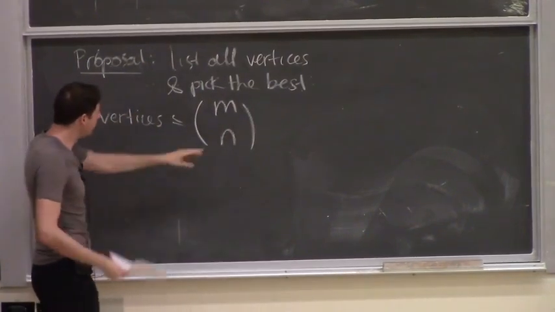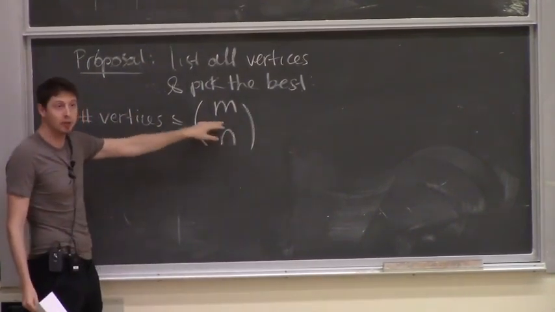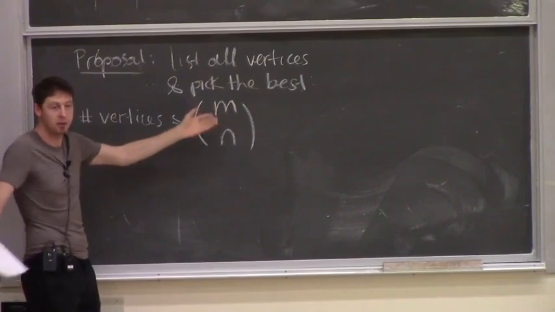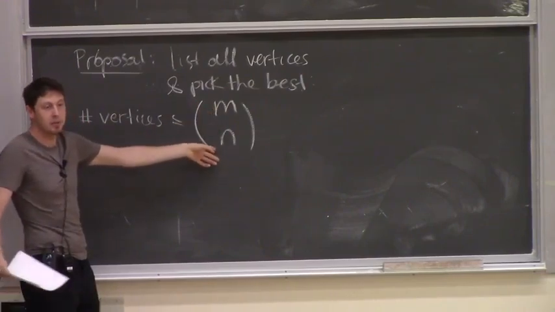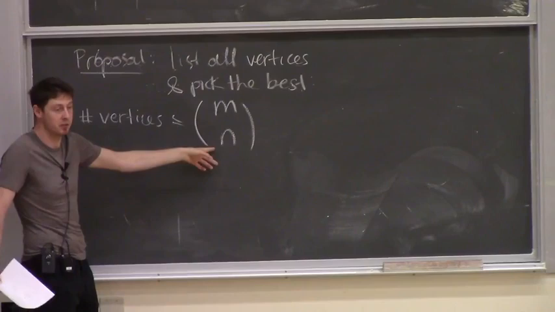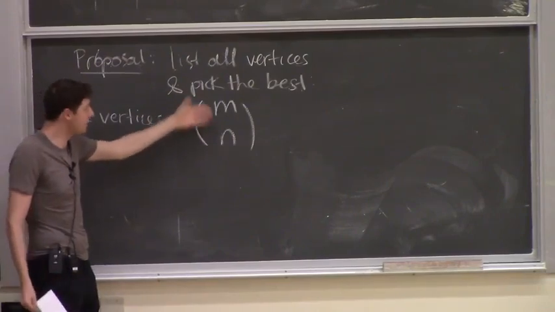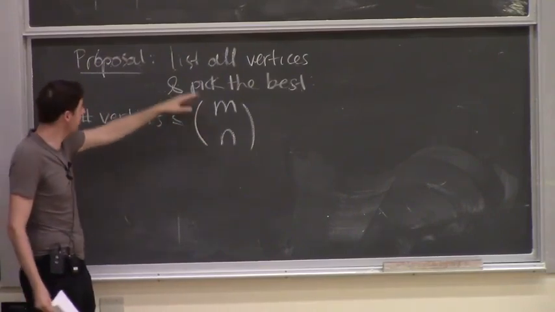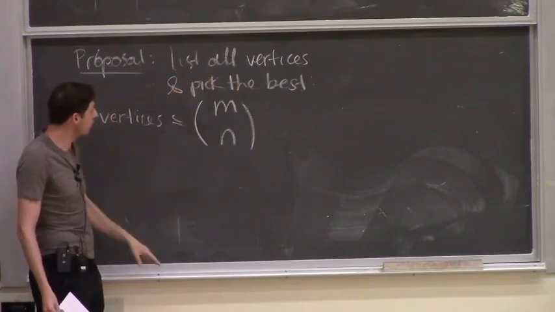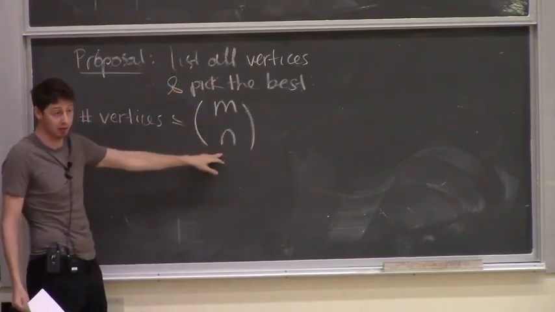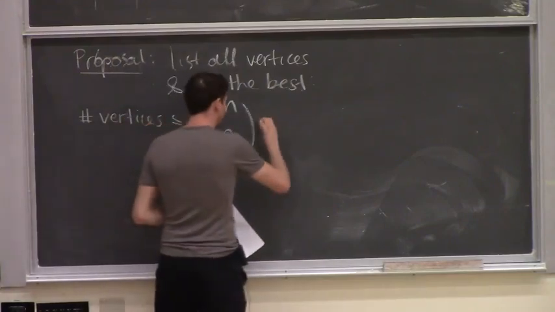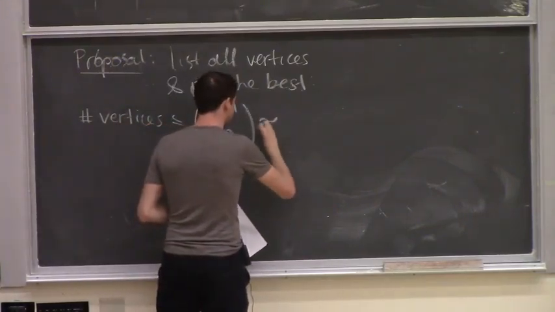It says, pick any n out of the m constraints and make a point out of it. Some of them will be feasible, some will be infeasible. It's okay. Anyway, this will be an upper bound. So we only need to list at most m choose n vertices. Roughly, what is the order of this expression?